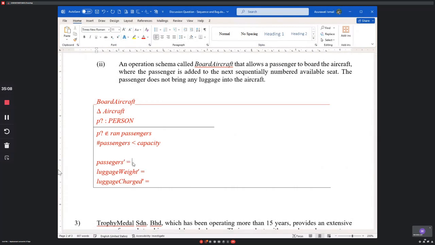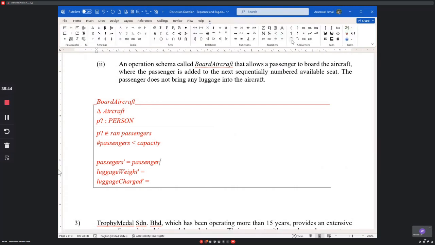For passengers here, we need to add the passenger into our aircraft. Because this is a sequence, you cannot use union. Remember, because now our declaration is a sequence, we cannot use union. So in order for us to add the person into our database, we use concatenation.